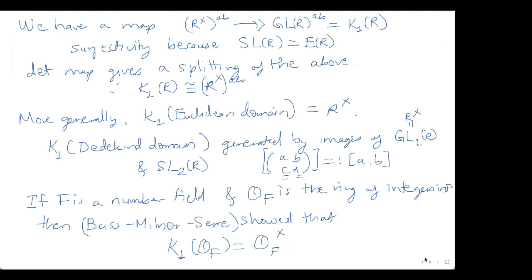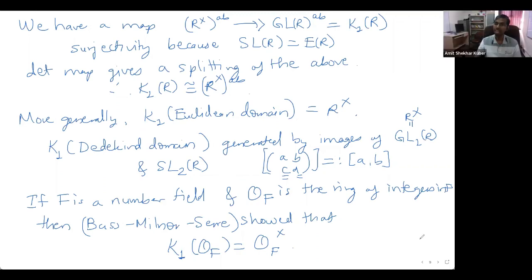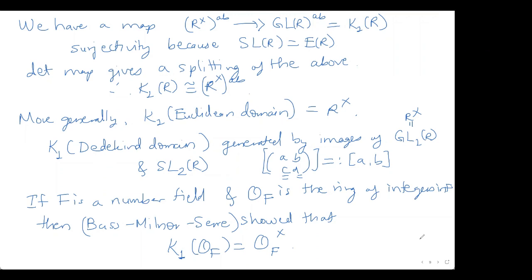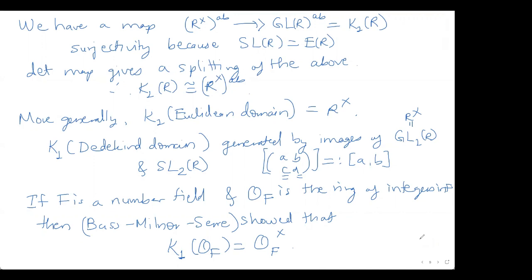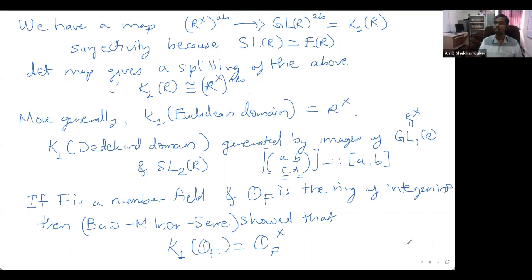Yes, Mainak? You said that for a Dedekind domain, we cannot apply Gaussian elimination, but we can until it's a 2 cross 2 matrix. But what if we are working with a PID? There we can do this, right? And does the K1 of a PID come out to be something nicer than this?